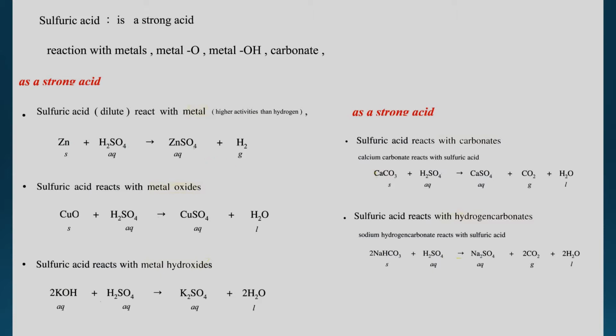Sulfuric acid reacts with metal oxide to form salt and water, or metal hydroxide to form salt and water. This is nothing new. How about carbonate? Acid with carbonate forms salt, carbon dioxide and water. This is nothing new. You already know. Now we learn something additional.